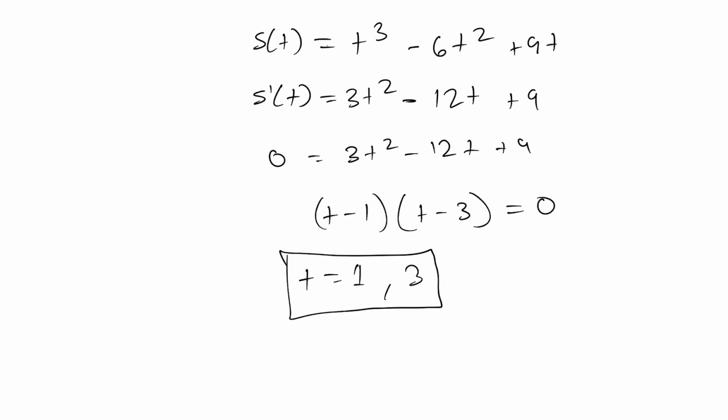Let's try one last problem. Let's say now our position equation is s of t is equal to sine t. And I told you to find the velocity and acceleration.